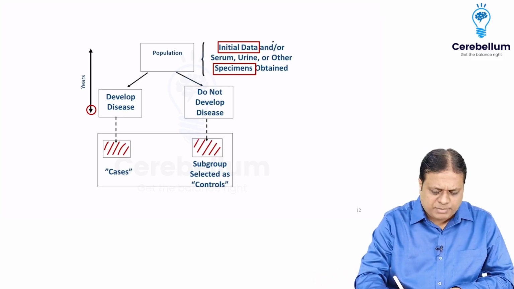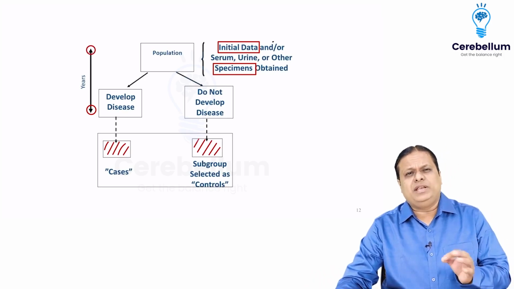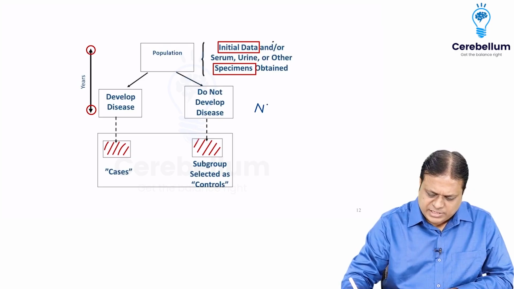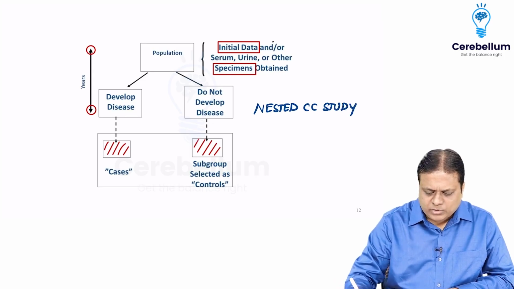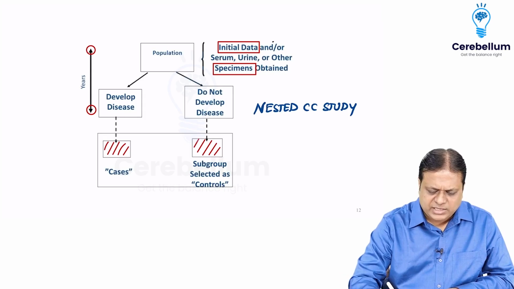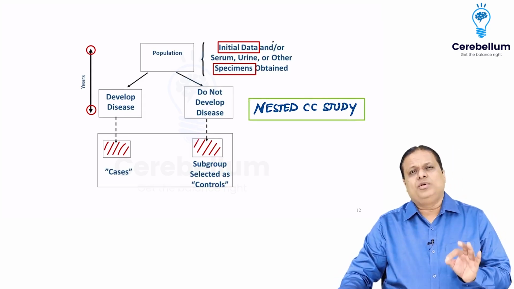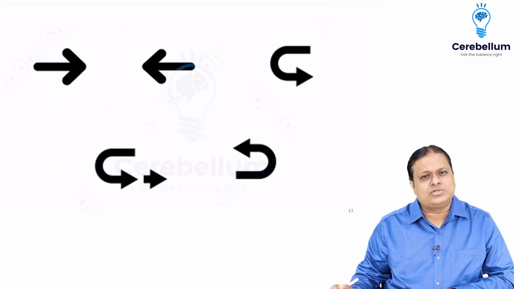Then we go in a backward direction to do a small case control study where we can compare history or specimens. So this is a type of nested case control study. A combination of cohort and case control study, but mainly a type of cohort study because it shares the common property of temporality or temporal association.